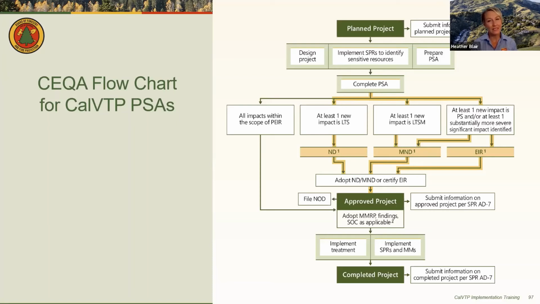So it's difficult to think of a new impact for vegetation treatment that wasn't contemplated in the EIR. And we structured the analysis to account for the most severe reasonably foreseeable impacts, calling those potentially significant and unavoidable. All right, next slide.